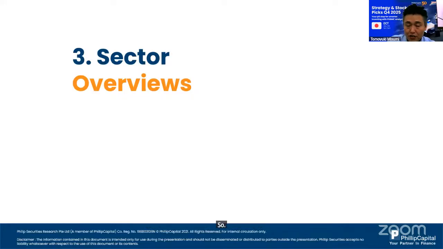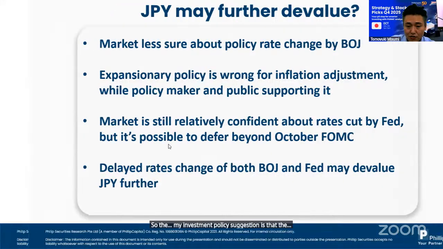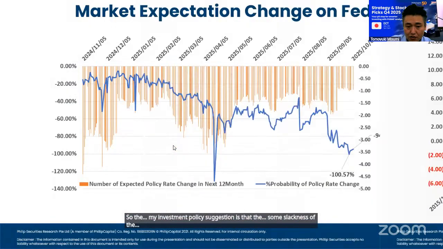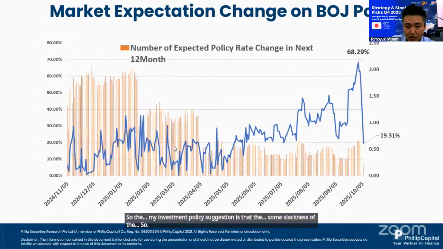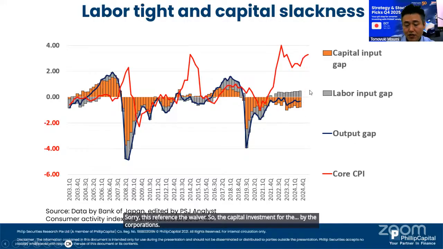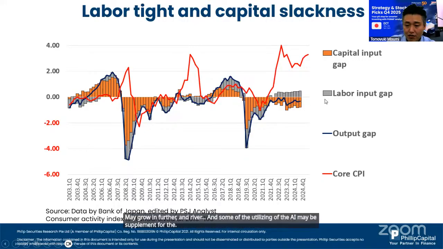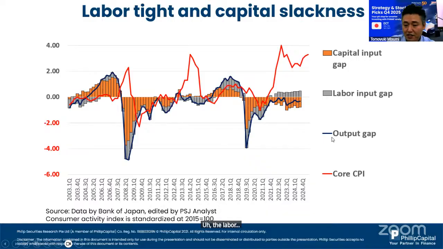So my investment policy suggestion relates to the slackness of labor. Capital investment by corporates may grow further, and the utilization of AI may supplement labor market tightening.